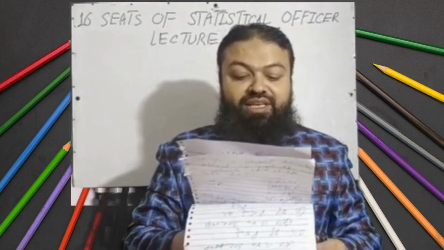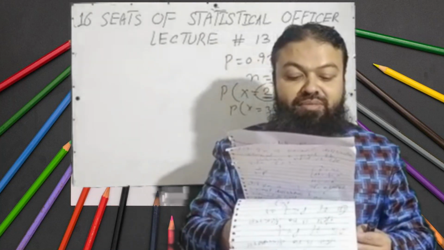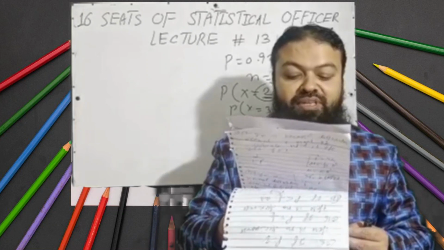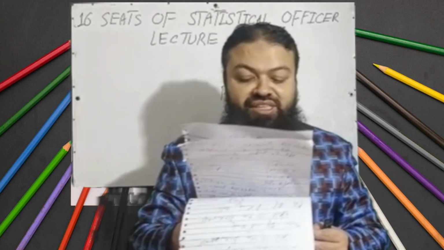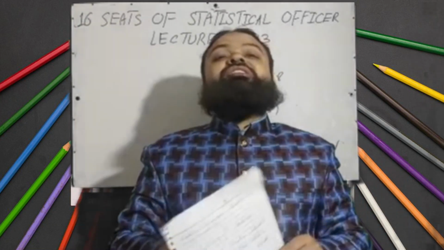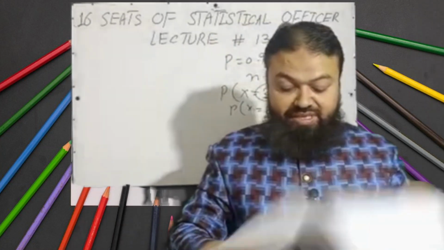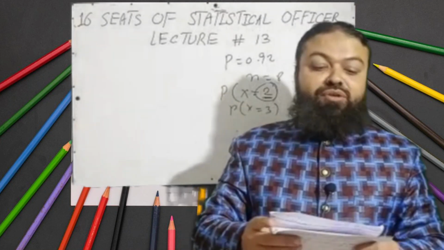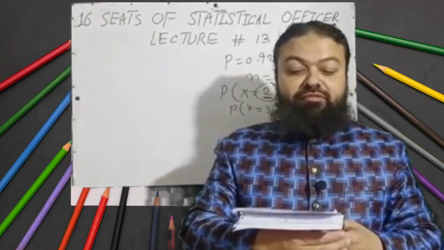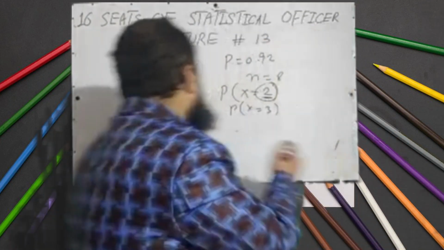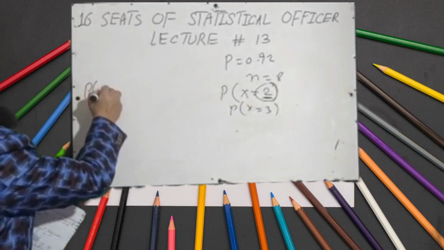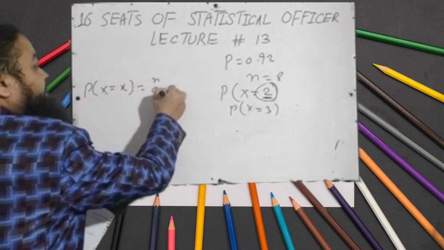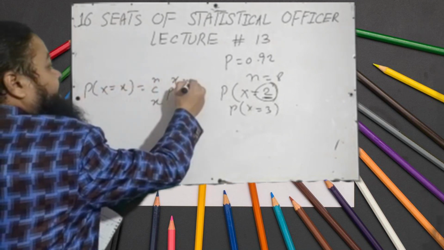Number 5, repeated trials are normally referred to: A, gamma distribution, B, uniform distribution, C, binomial distribution. Binomial distribution is the correct option in the exam. Question number 6: probability mass function of a binomial distribution with usual notation is, we know the formula to calculate the probability with the help of the binomial distribution is nCx p raised to power x q raised to power n minus x.